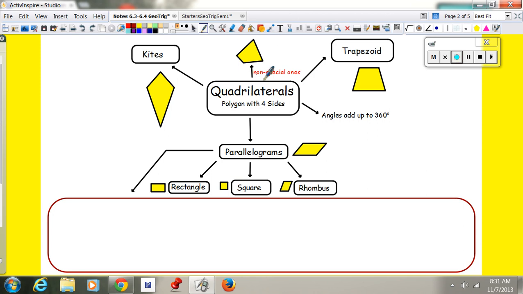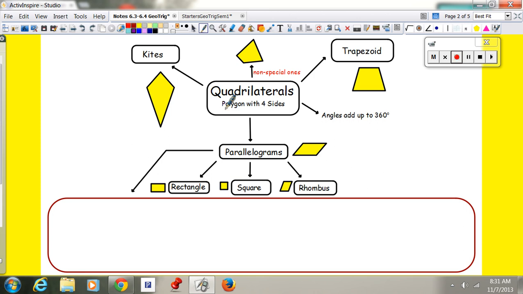That's a picture of one that's just a regular 4-sided figure. Nothing special about it. They're not the same angles, they're not the same sides, or anything like that. Then you've got 3 of them that are special. They have special characteristics. We've got kites, which are right here, which we'll talk about later. We've got a trapezoid, which is right here, which we'll also talk about later. Trapezoids we actually talk about quite a bit.